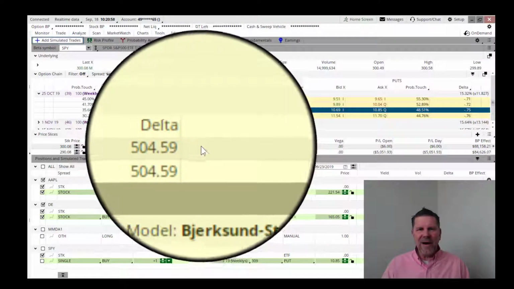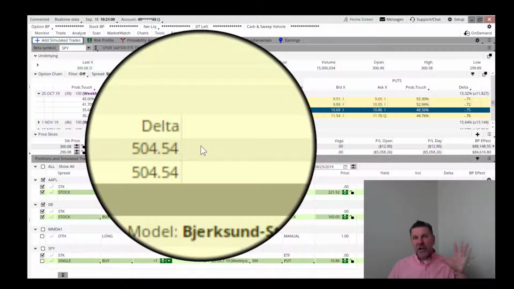Now, if I've got 500 deltas for my portfolio and I bring on board negative 75, they offset each other. So my 500 drops by 75 to 425. You've just started to reduce some exposure to the market by utilizing this delta. Now, if the market drops, instead of losing $500 per $1 drop in the market, it's $425.